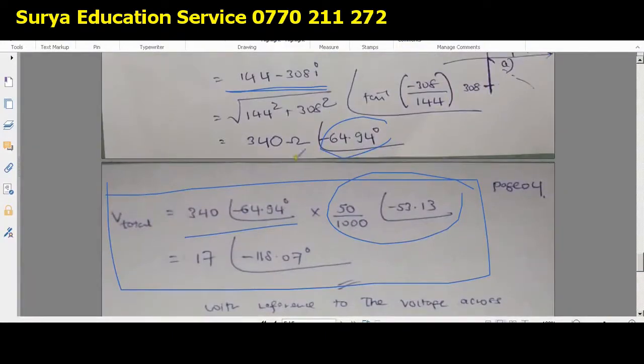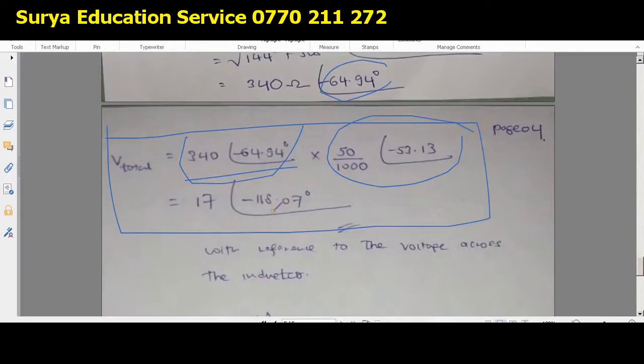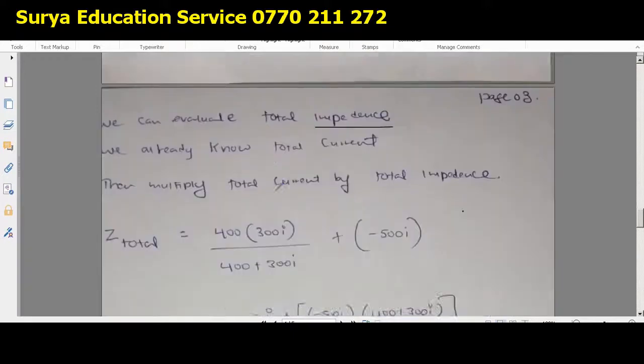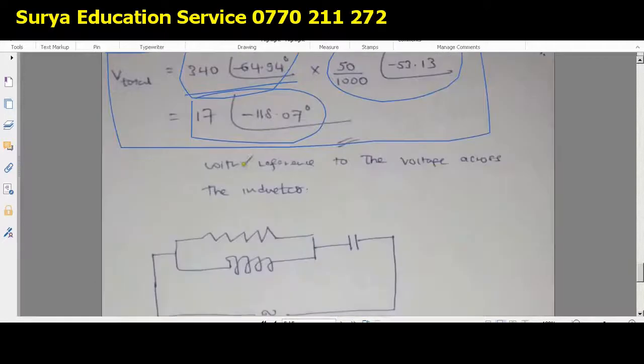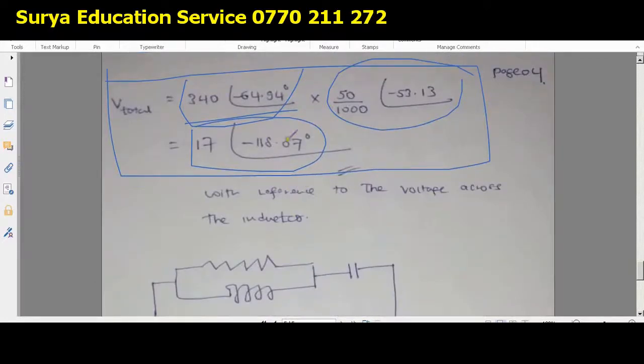So that is the total impedance, or in other words, the total resistance. This is the total resistance, 340, but it has a phase angle of minus 64.94, multiplied by the current. So simply that. Now this is the value of the total voltage from the second method, 17 at minus 118.07. What is the value that we evaluated from the previous method, guys? It is 16.99, I think the same value.